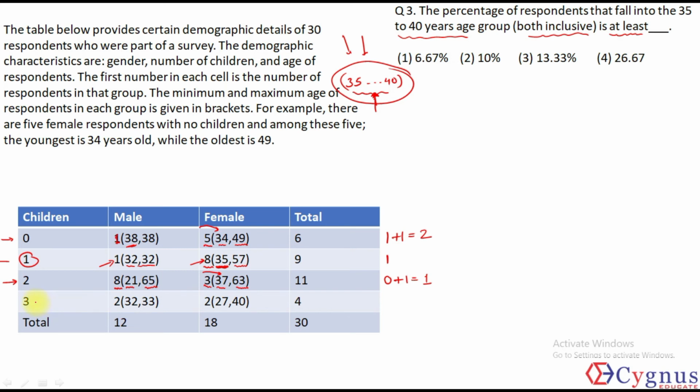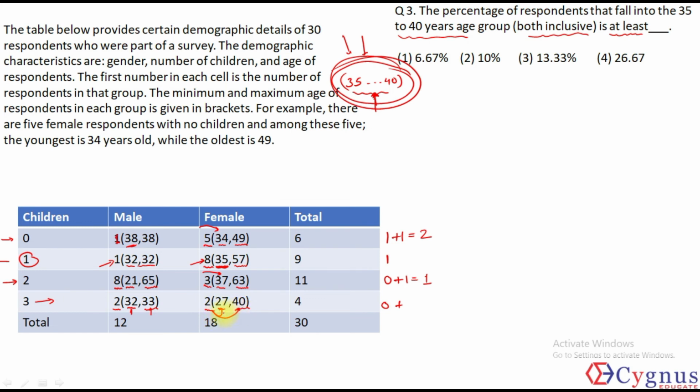What about the last one? Number of children 3. How many such males are there? 2 males are there. The minimum age is 32, maximum is 33. So definitely one male will be 32 years old and the other one will be 33. None of them belongs to this category. So I'll take 0 here. What about females? There are 2 females. Minimum age 27, maximum 40. So one female is 27 years old and the other one is 40 years old.